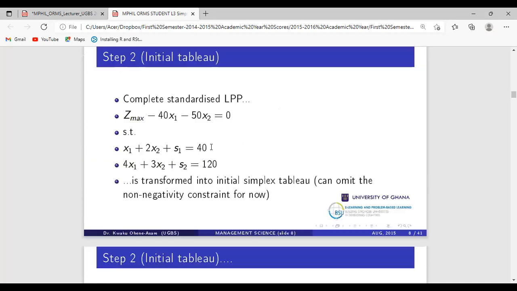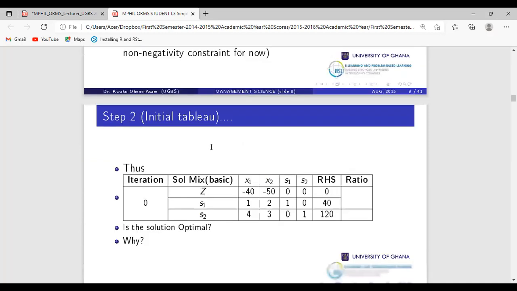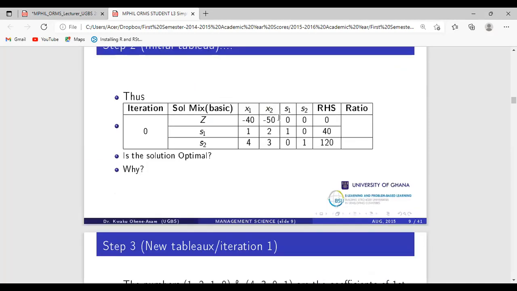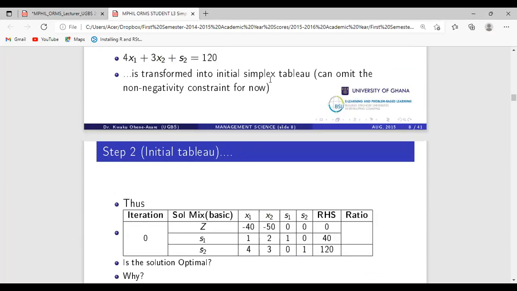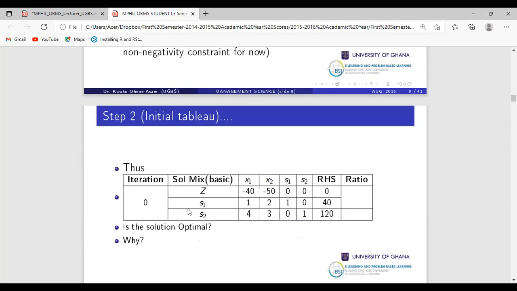And then we transferred that information into this initial table, which we call the initial simplex tableau. Basically, that's the initial table, so that is at iteration 0.